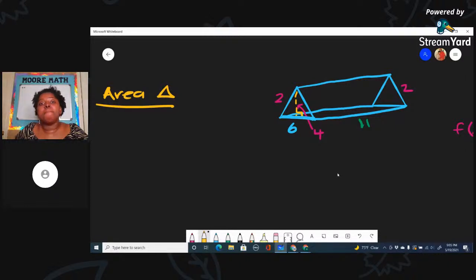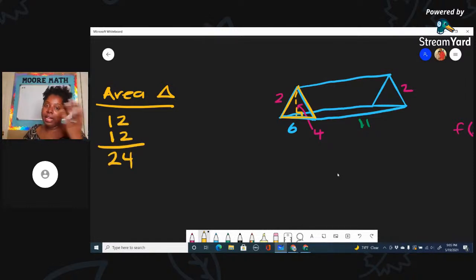Triangle. 12. Yes, good job. So we had 6 times 4, which is 24, and then we divided it by 2, so it's 12. We have 2 of these triangles, so altogether you should have had 24. Now give me one of the rectangles.